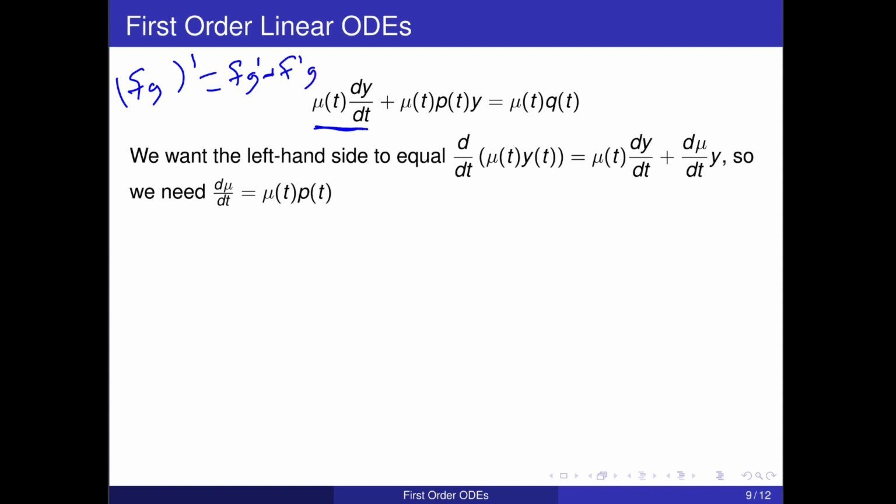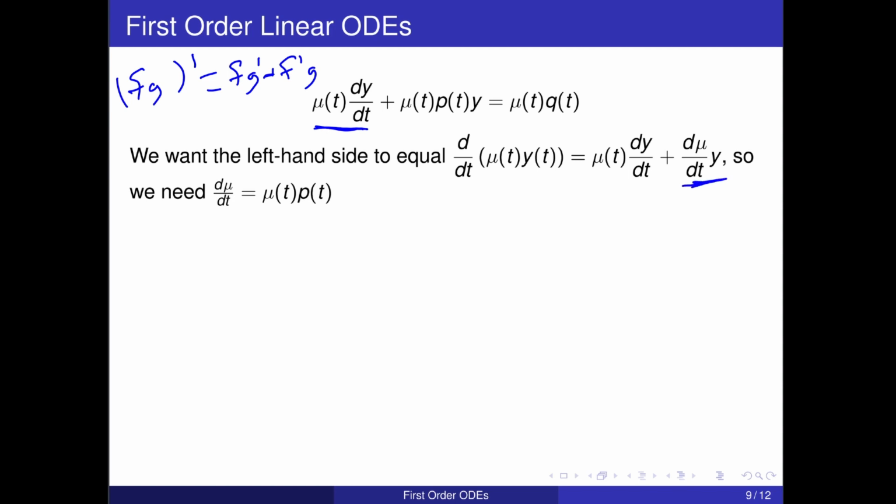So if y is playing the role of g, then looking at this first term, mu would play the role of f, because the f g prime term would be mu times dy/dt.